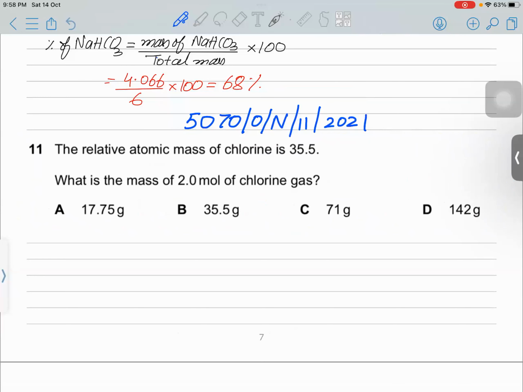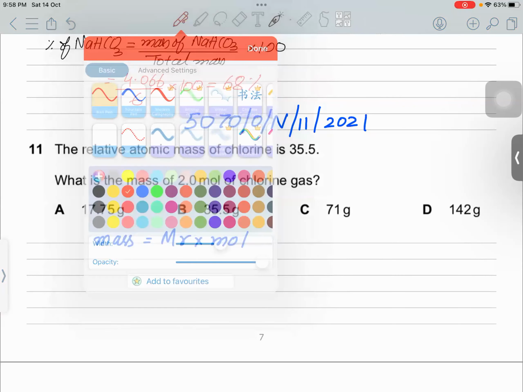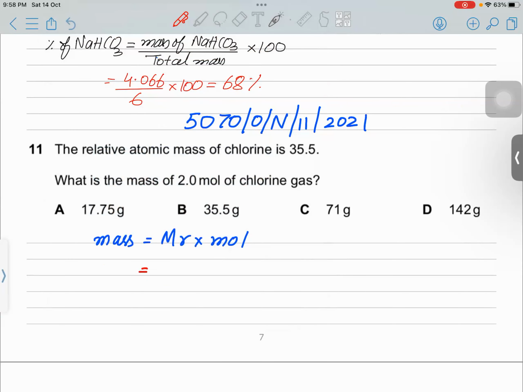What is the mass of 2 mole of chlorine gas? Mass is equal to Mr times mole. The Mr of chlorine gas, Cl2, is 35.5 times 2, so it is 71. And the mole is 2.